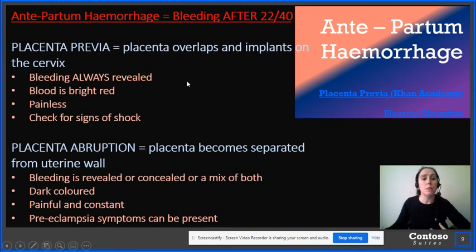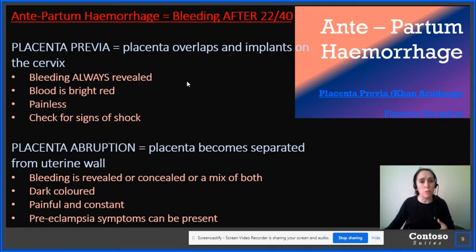So placenta previa, that is when the placenta is overlapping and implants in the cervix. That can also be known as a low-lying placenta. So if your patient says to you in their history, or it's in their notes, that I've got a low-lying placenta, you've got to think to yourself, they're going to be at risk of bleeding. They're going to be at risk of hemorrhage, a placenta previa.